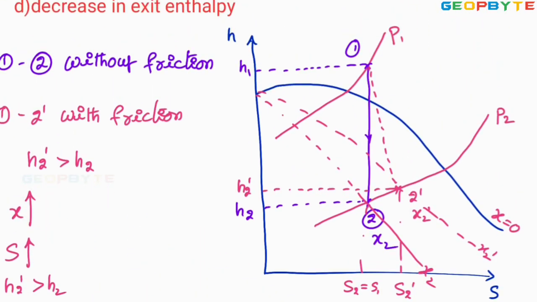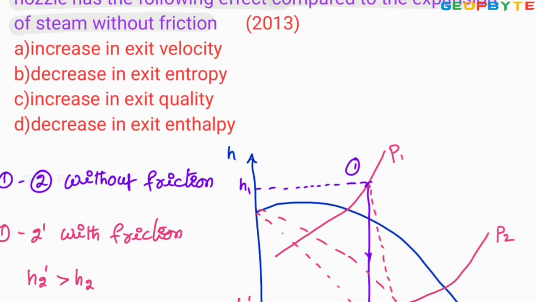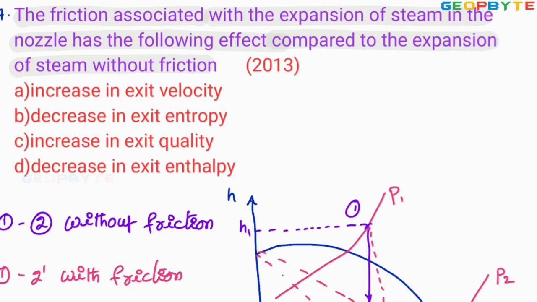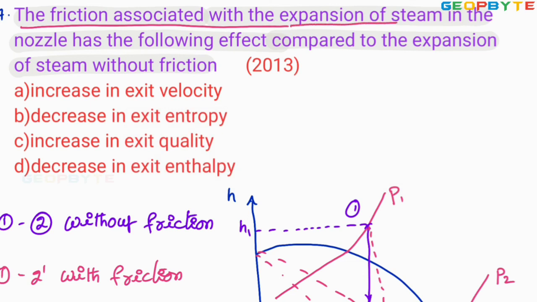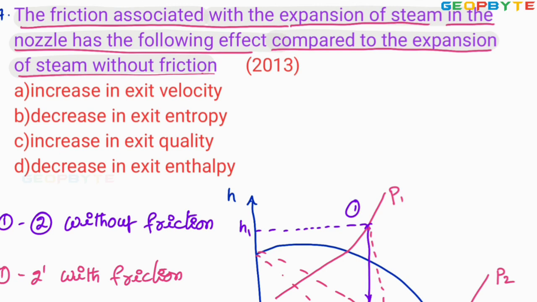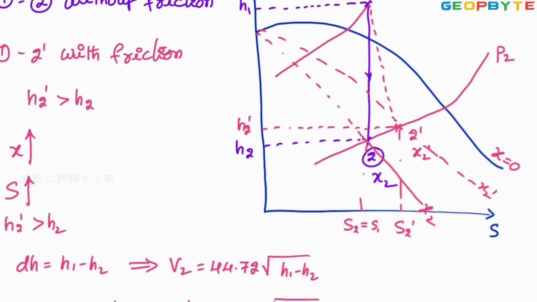Now let us go for the problem. The friction associated with the expansion of steam in the nozzle has the following effect compared to the expansion of the steam without friction. Option A, increase in exit velocity. No. Look at the velocity.